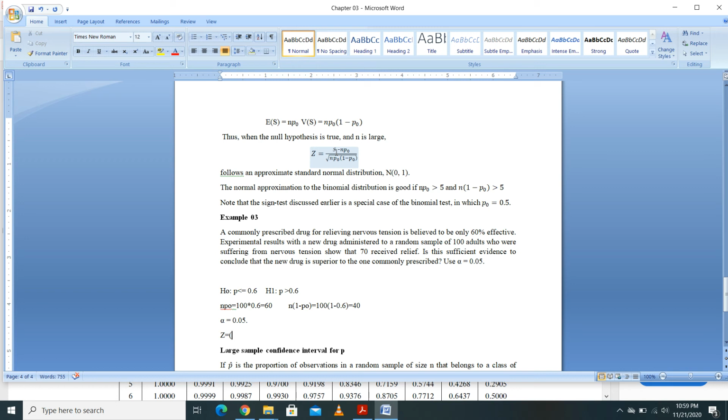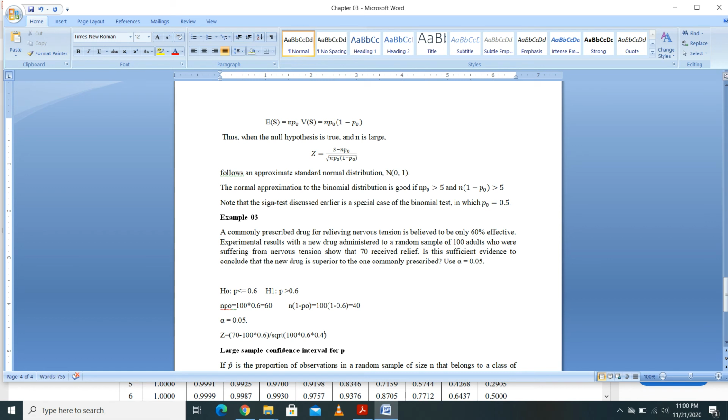We have 100 patients, out of them 70 received relief. So we have 70 successes in the sample, minus N P naught, where N is 100 and P naught is the value that we are testing, 0.6. You divide this by the square root of N P naught into 1 minus P naught, with N equal to 100, P naught equal to 0.6, and 1 minus P naught equal to 0.4.